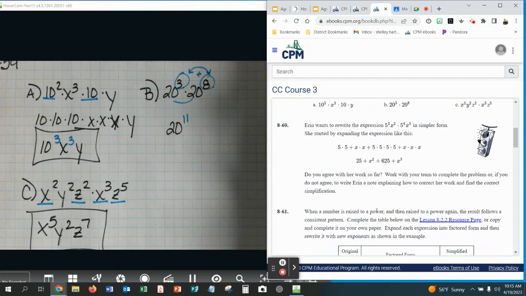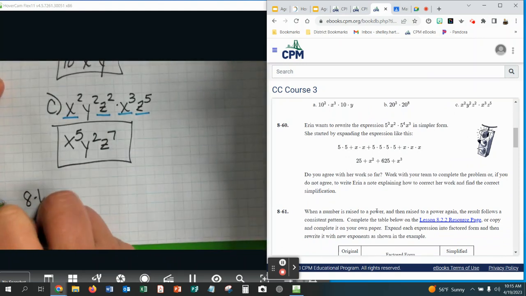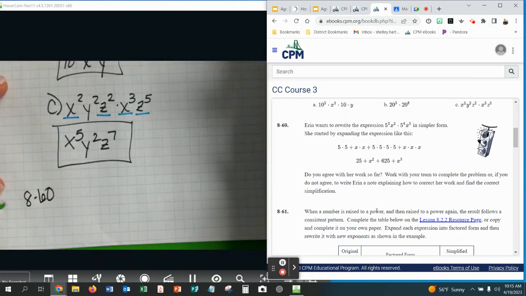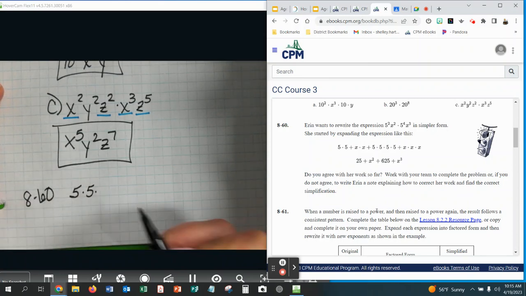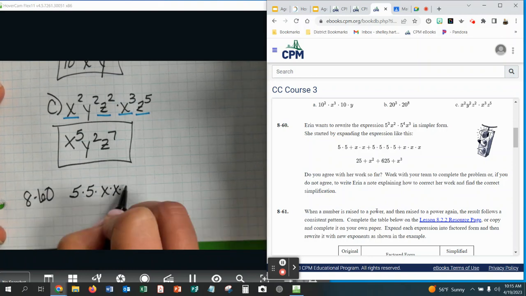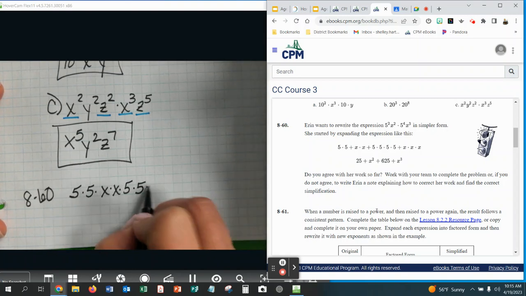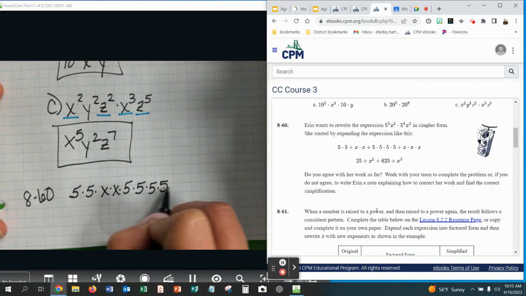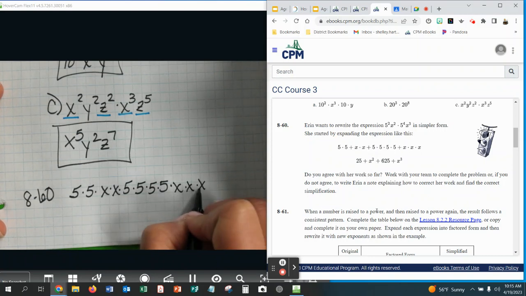Now, on 8-60, we are looking at 5 times 5 times 5 times 5 times 5 times 5 times x times x times x times x times x.